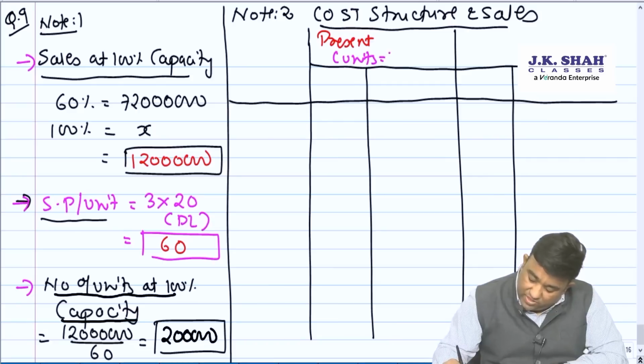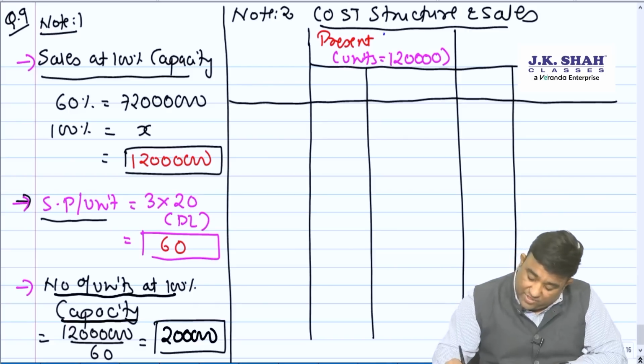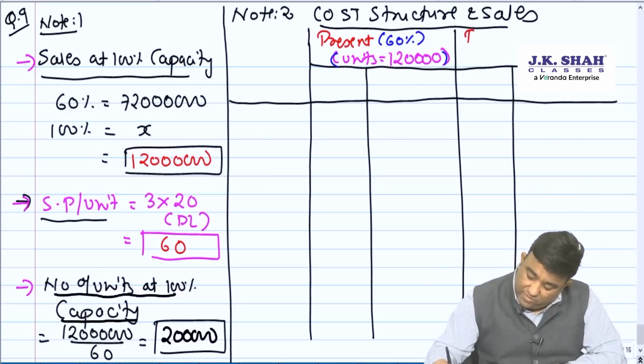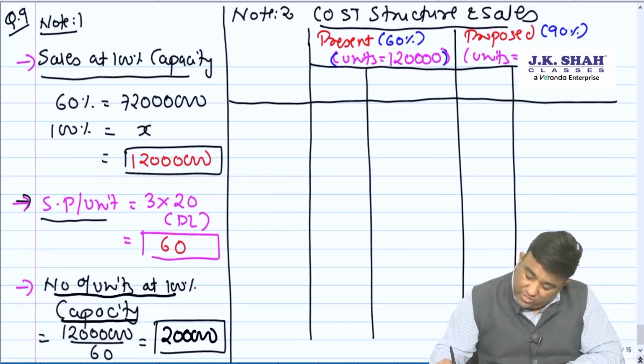It is 1,20,000. How come 120? The capacity specified is 60%, so out of 100, there is 120. And for the proposed level, the company is going to work at 90% capacity. So units will be 90% of 2 lakh, which is 1,80,000. So student, this is present and proposed both.